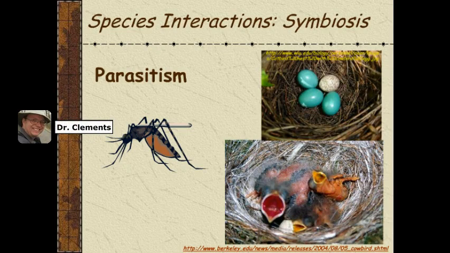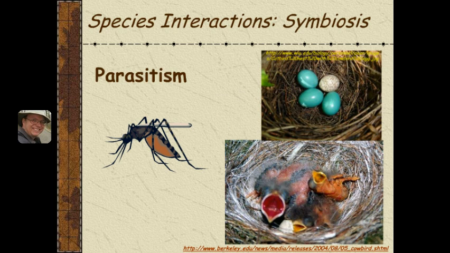Now you may be wondering why I've got a picture of a bird's nest over here with some eggs in it. Here's some baby birds. Well, remember back when we were talking about the kingdoms of organisms, the living players in the ecosystem, and for Animalia I had a brown-headed cowbird. And I told you that brown-headed cowbirds do something that's just wrong.